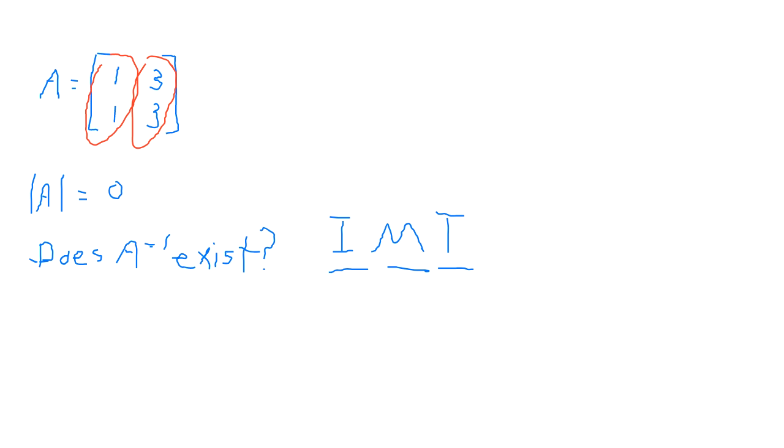They are dependent because the vector 3, 3 is 3 times the vector 1, 1. Right. So the second vector is a multiple of the first vector. So because of that, the inverse doesn't exist. So the answer is no by the invertible matrix theorem.